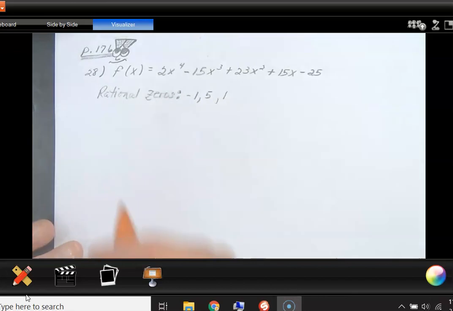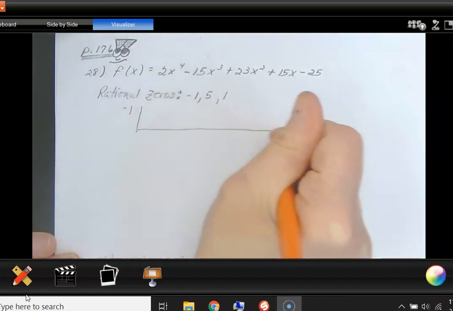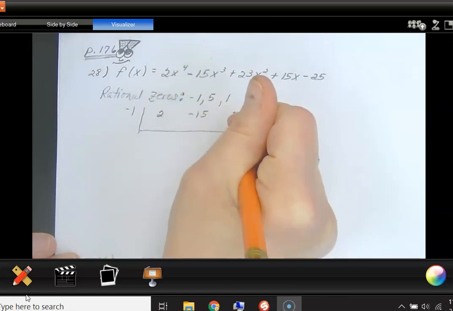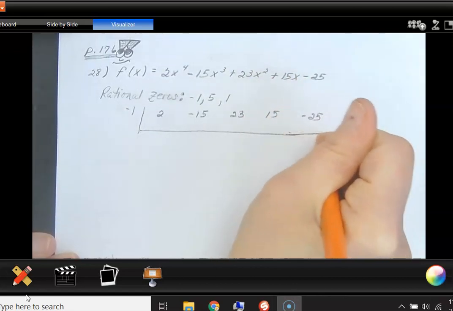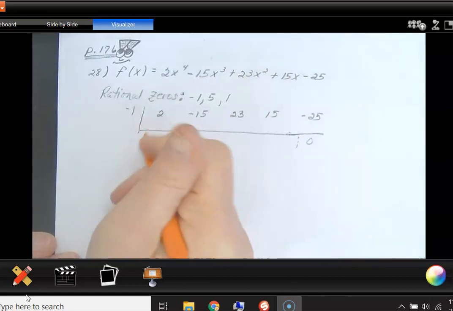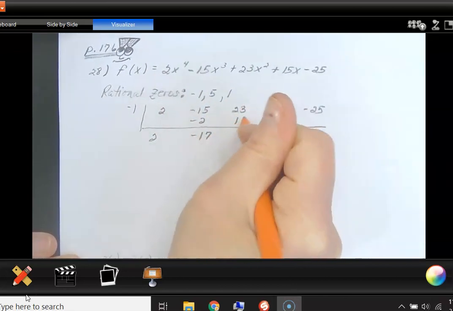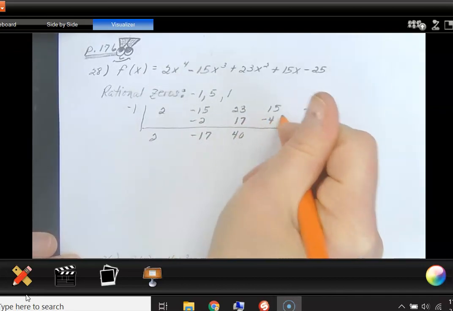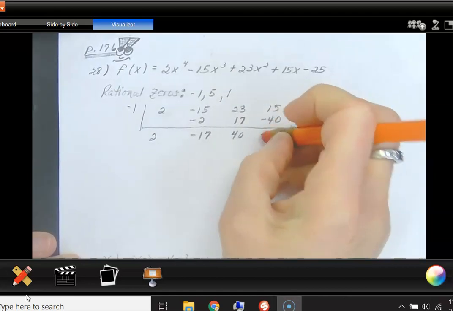Well, that's unfortunate. So I'm going to go ahead and use synthetic division with these numbers. We don't need a placeholder. -25, there we go.